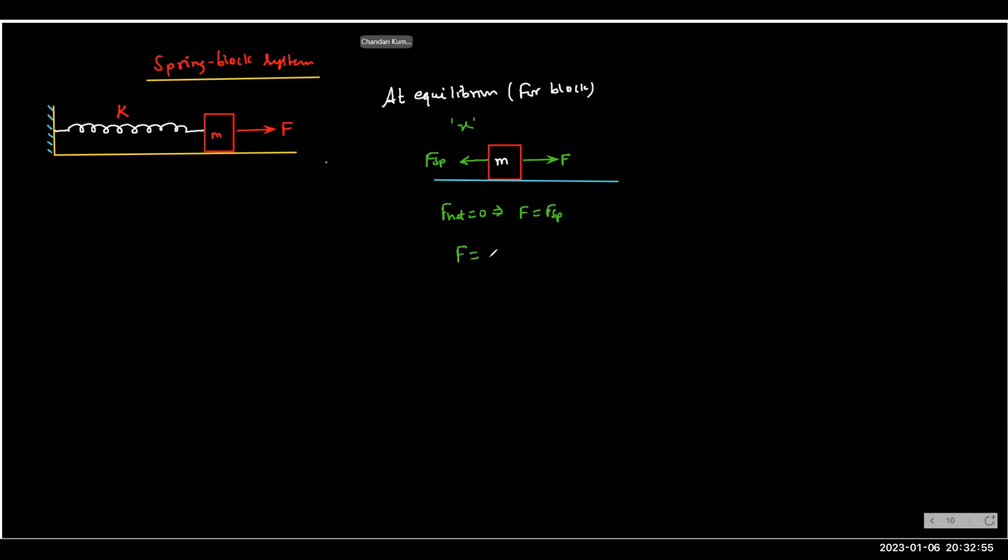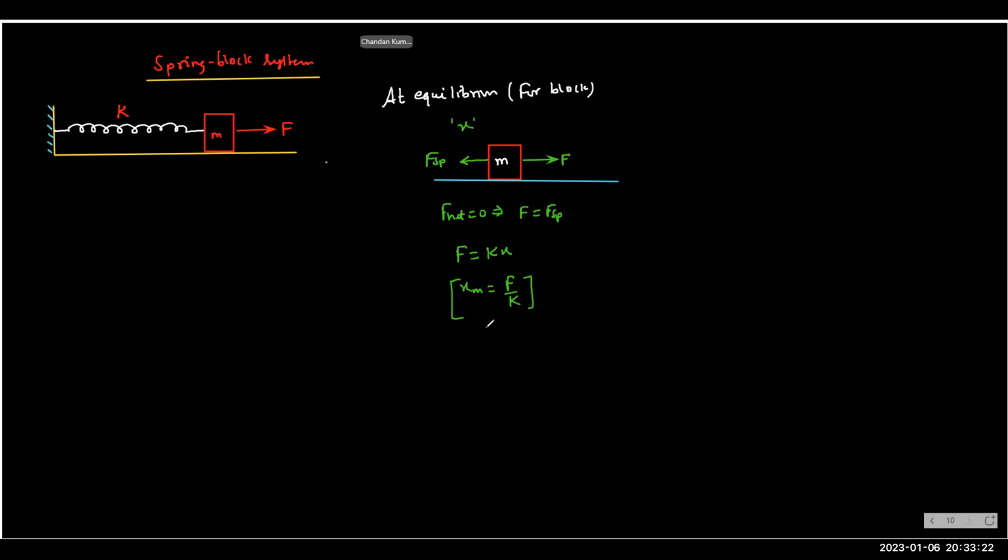And FSP we can write as Kx. So what is x? x equals F by K. So at equilibrium, the spring will deform by the value F by K, assuming the block is not accelerating.